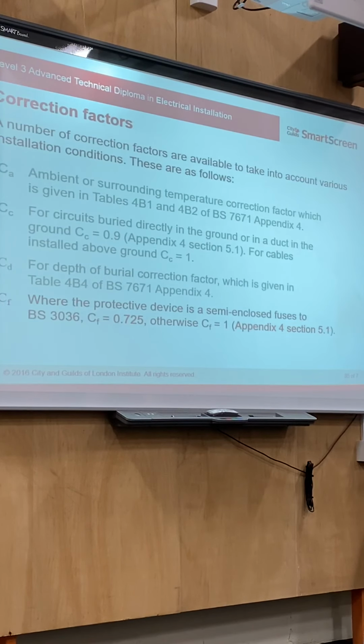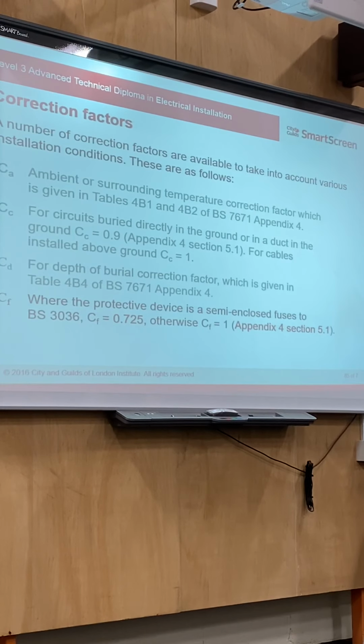CF was the one which I told you about, which was looking at whether or not the protective device is a fuse wire or not. So with the fuse wire one, so with a CF, are any of you likely to be designing circuits for fuse wire systems anymore?